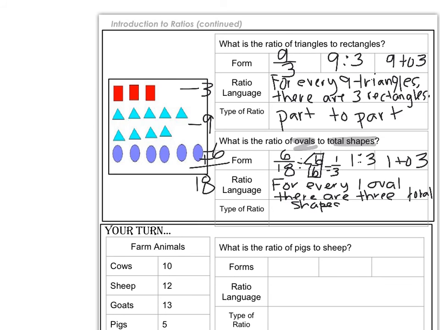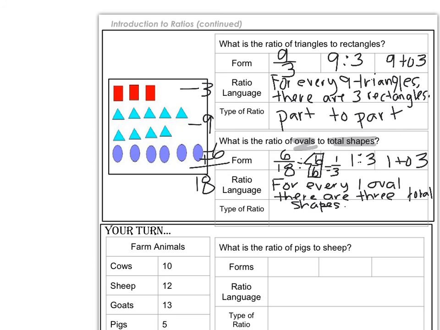For this simplified fraction, I don't care for it too much because there really isn't a total of 3. That's only if there was only 1 oval, really. So it's kind of misconstruing the total amount of shapes there. So we could even say for this particular one, for every 6 ovals, there are a total of 18 shapes.